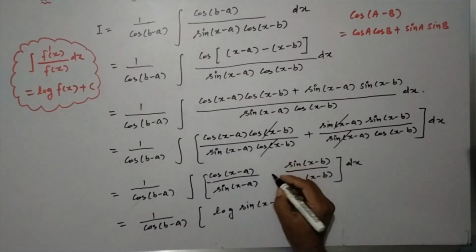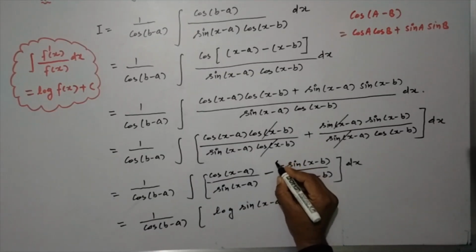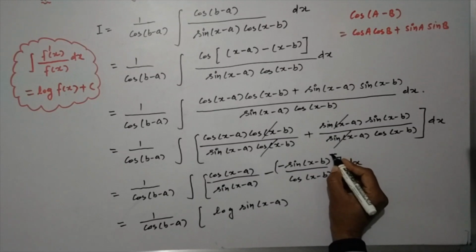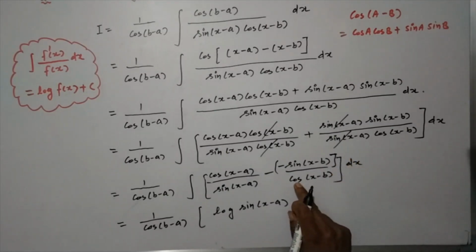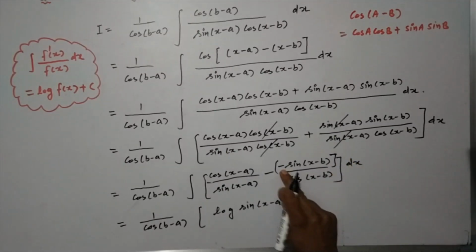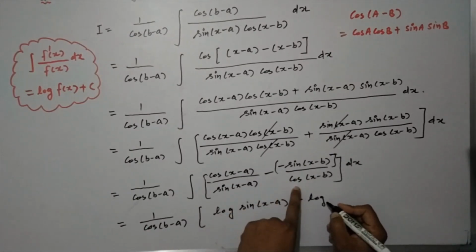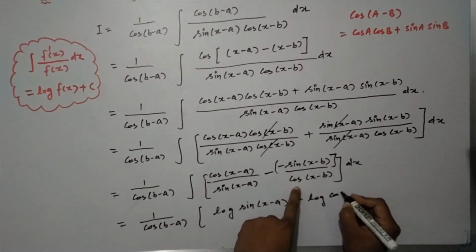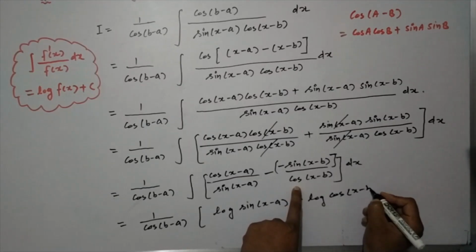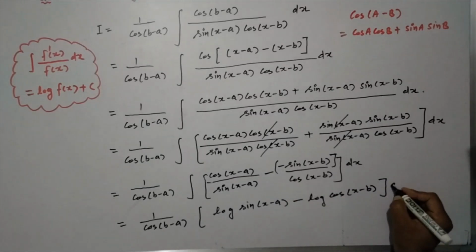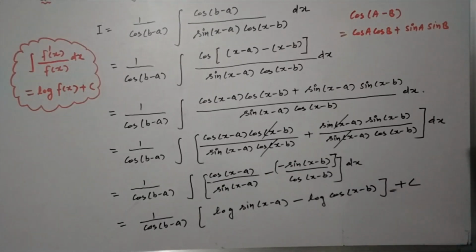Here we just take minus outside and write minus. By doing this, the derivative of cos is minus sin. So accordingly we substitute log of cos of (x minus b), and this is now plus c, the constant of integration.